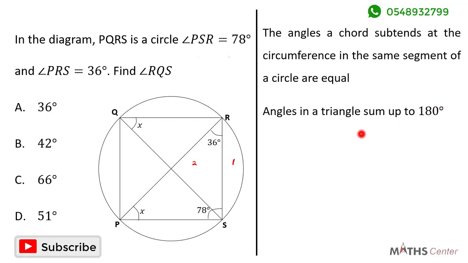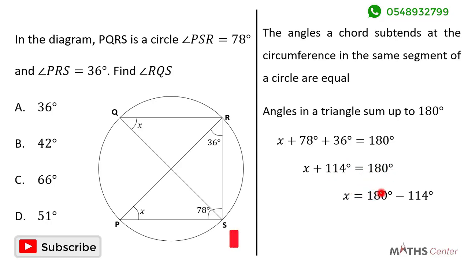So it means that if we add X to 78 degrees to 36 degrees, we are going to have 180 degrees. 78 degrees plus 36 degrees will give us 114 degrees. So X plus 114 degrees is equal to 180 degrees.